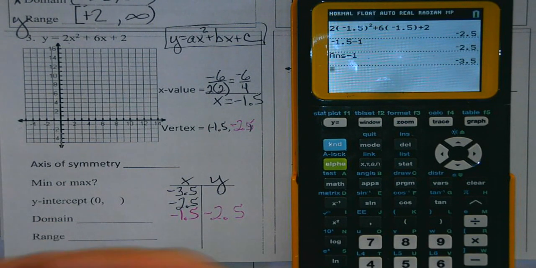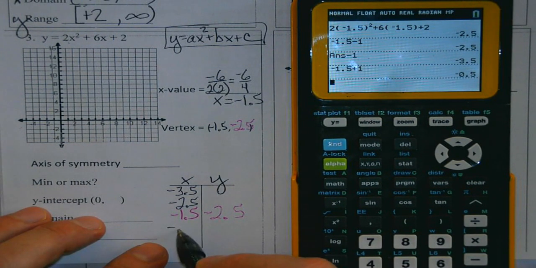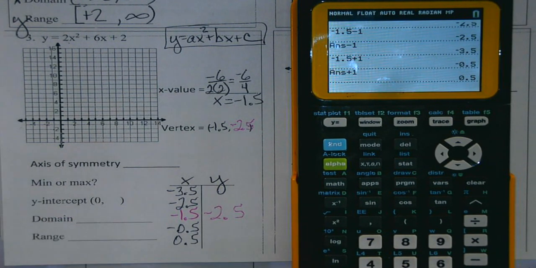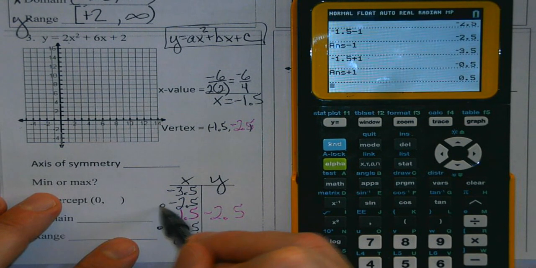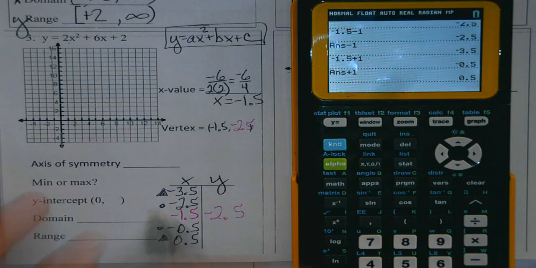And then when I was going below that on the chart, when I was moving to the right, I was adding 1 each time. Negative 1.5 plus 1. And do it one more time. So it's not impossible. I'm not going to have a lot of work. And I've still got the calculator able to help me out.